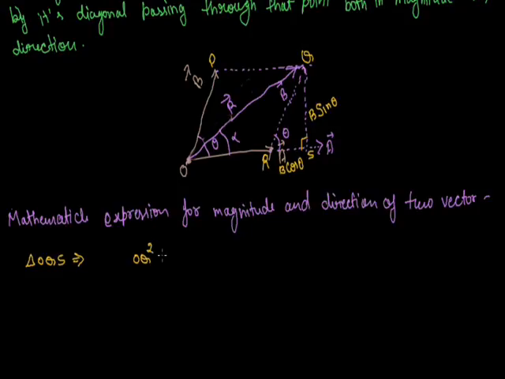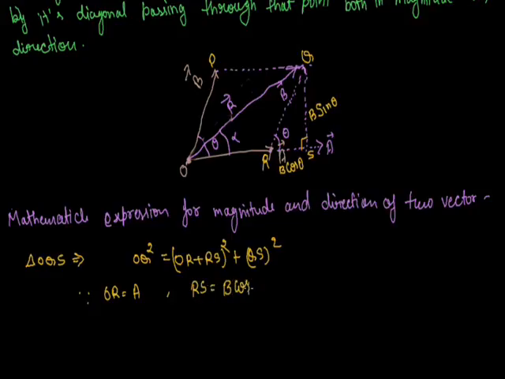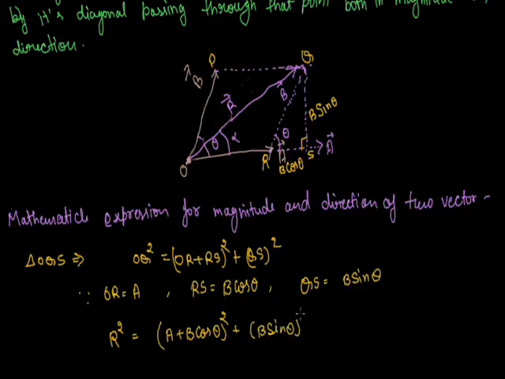OQ square equal to OR plus RS square plus QS square. And we know that OR equal to A, RS equal to B cos theta and QS equal to B sin theta. So R square equal to A plus B cos theta whole square plus B sin theta square. We can solve it.